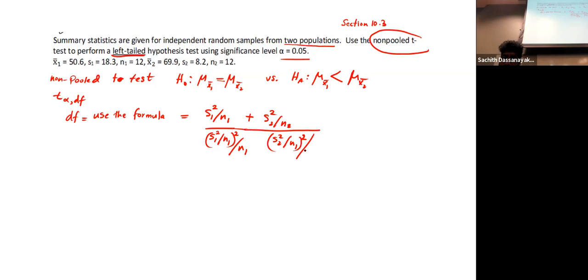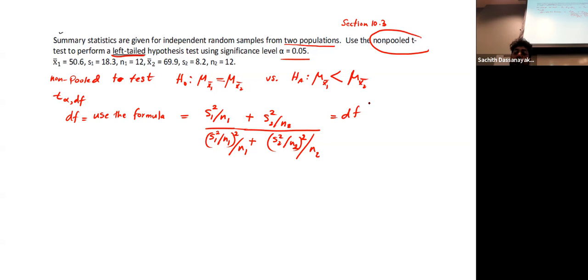Please be careful when you are plugging in these values. I believe this is correct. Sorry, this is not N1, this is N2. This is the formula, I think it is right. Anyway, using this formula, you should be able to find the degrees of freedom.